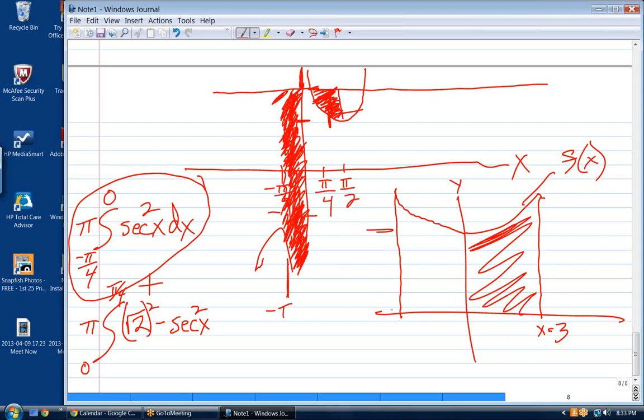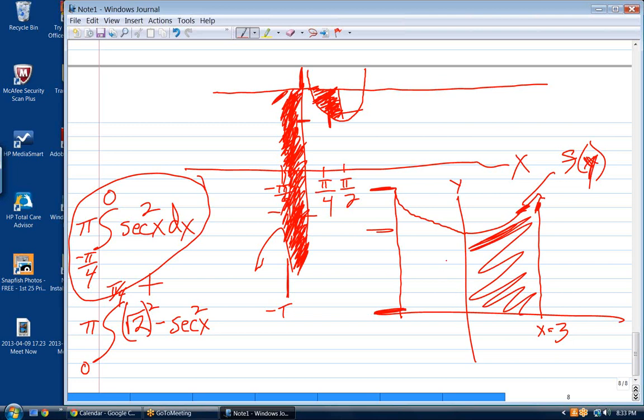For going from here to here, we're going to use disks. But going from here to here, we've got to use washers, where we have an outside radius and an inside radius. Which means this better be a function of y, not a function of x. Because we want to integrate it along the y-axis and in 2 steps.